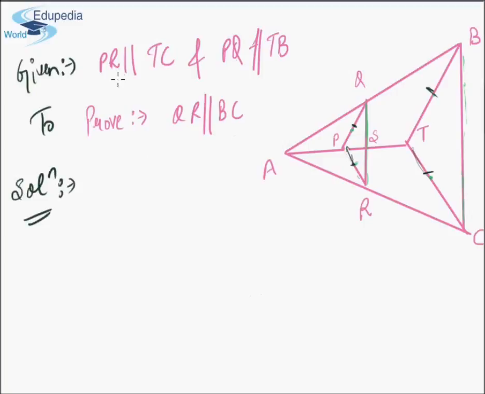Now friends, PR and TC are these 2 lines. They are involved in the triangle ATC.